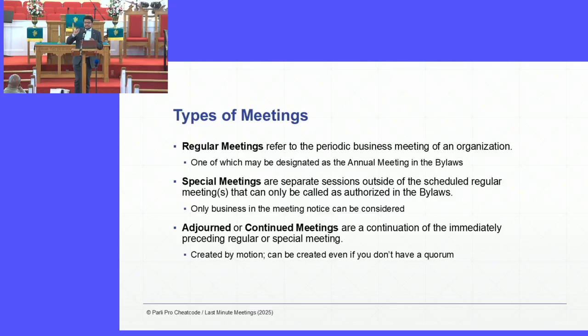So you're continuing the meeting. Or number two is if the meeting is going really, really late and you still have stuff left on your agenda and you want to pick up where you left off, maybe a few days from now, you can adjourn the meeting to continue it at that future date. And so those are the two situations where you might run into that. But again, really rare. Next slide.